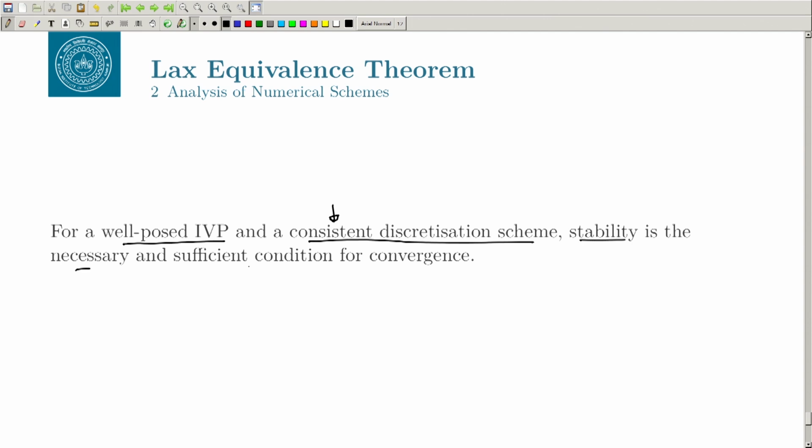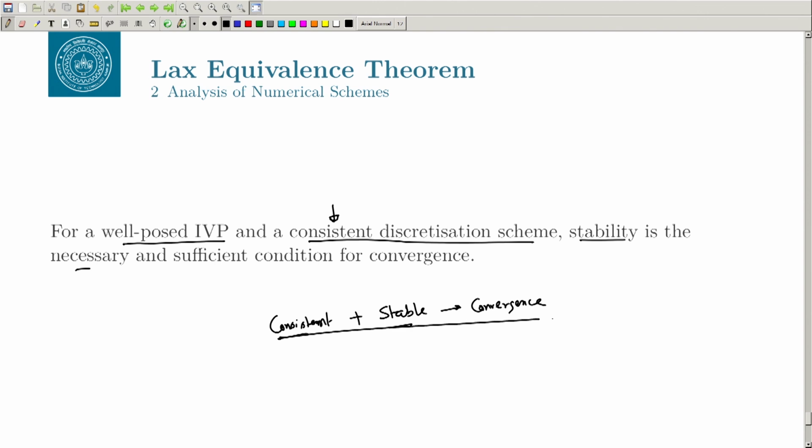That means, for a well posed initial value problem, if your scheme guarantees consistency, okay, and if it is stable, stable in the sense that we have derived, that the difference between the numerical solution and the exact solution of your numerical scheme remains bounded and does not go unbounded, then these two are the necessary and sufficient conditions for convergence.